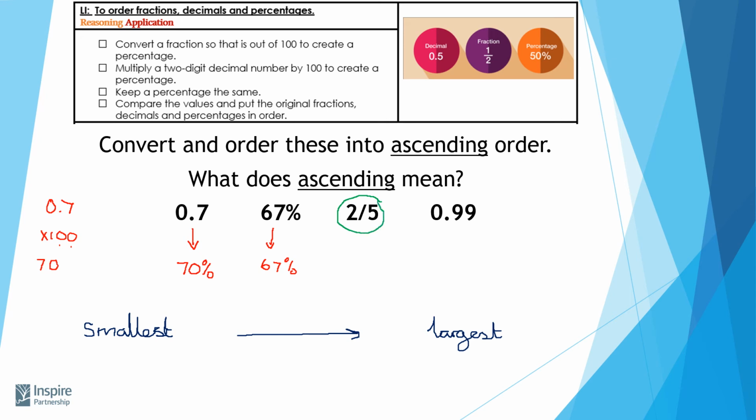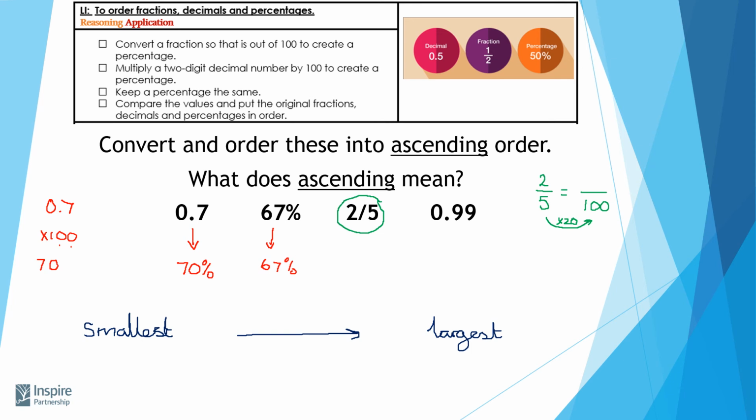So 2/5, if I write that out here, remember we need to make sure that denominator is showing over 100. Now to do that, that fifths, how many times does 5 go into 100? Well, we've done this a few times already this week. I know that that goes 20 times.